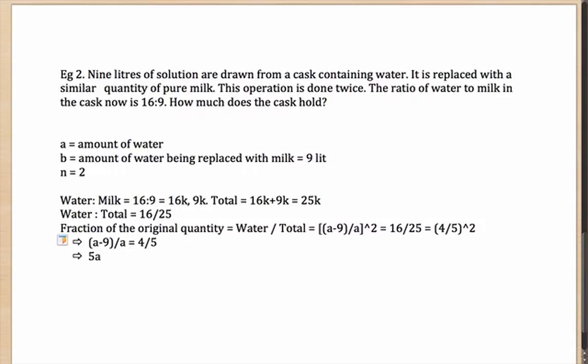Solving this, I get 5A minus 45, which is equal to 4A. Taking the 4A to the other side, I get A as 45 liters. What did I have to find out? How much does the cask hold, or the amount of water which it initially had, or A? So I had to find out the value of A in this question, which has come out as 45 liters. And that was the question.